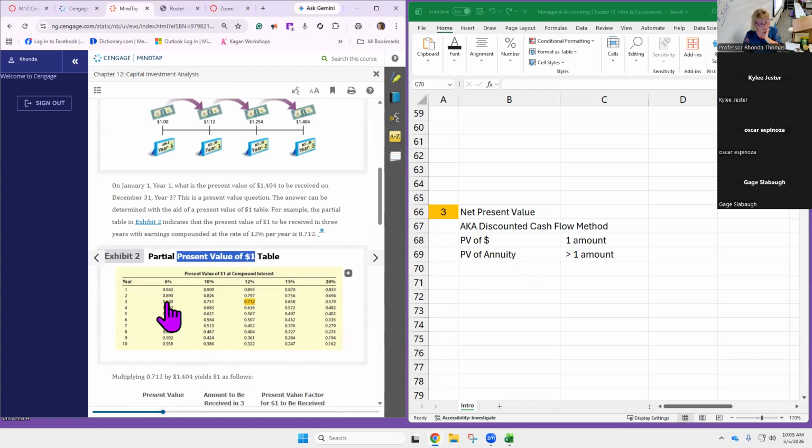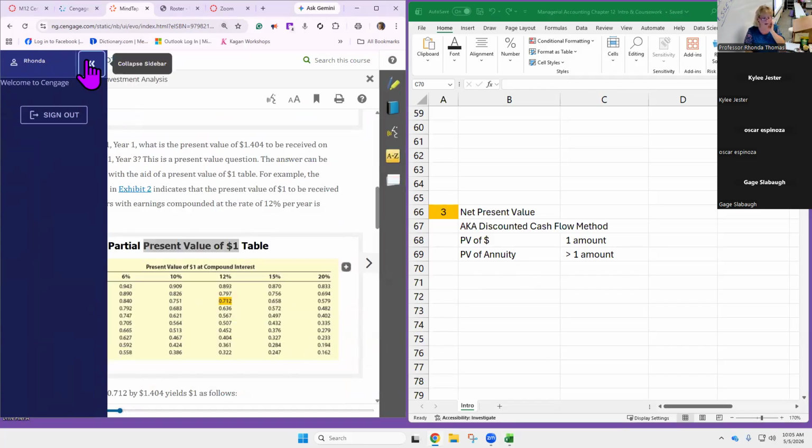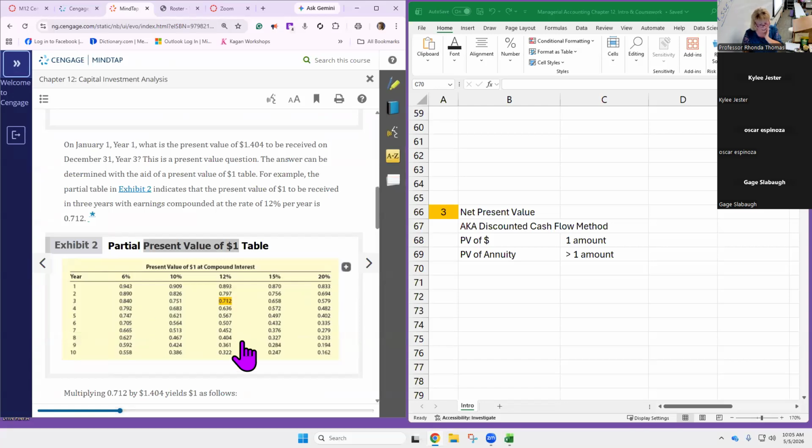The other way you'll know is all the numbers on the table are less than 1. Does everybody see that? So what you have to do is find an interest rate of some kind, and then the years that are involved. Time value of money involves compounded interest and time.